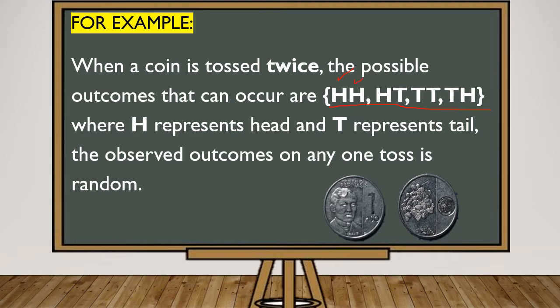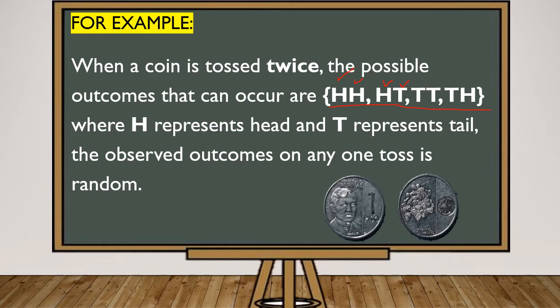So you have there the outcome HH, where H represents head and T represents tail. So you can get two heads. Another is that the first toss is one head and the other one is tail. So this is the second possible outcome when you toss a coin twice.